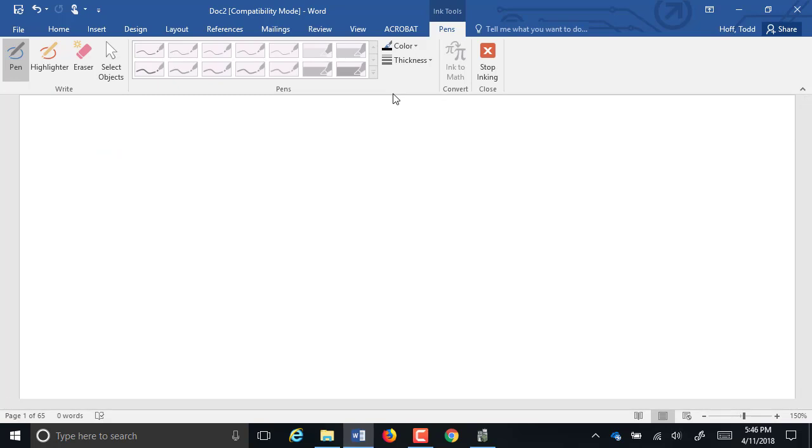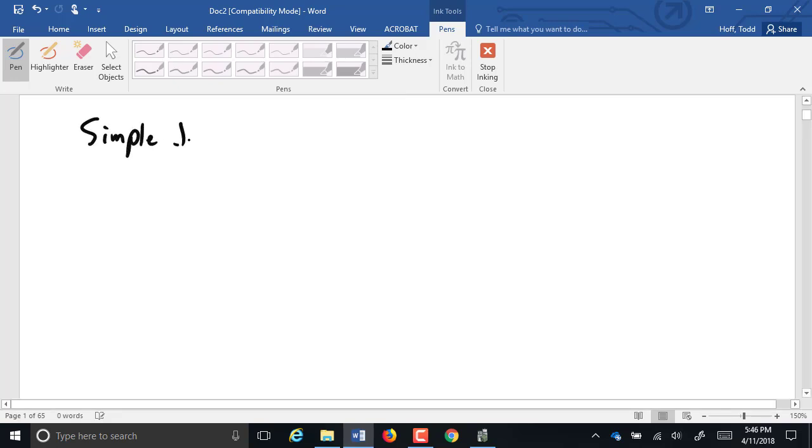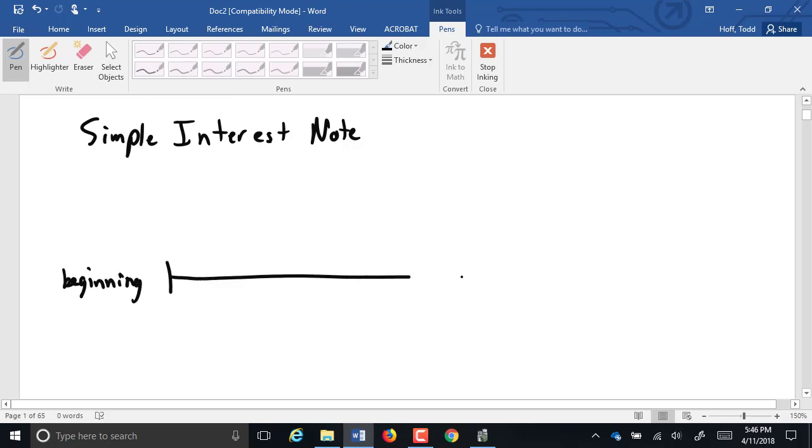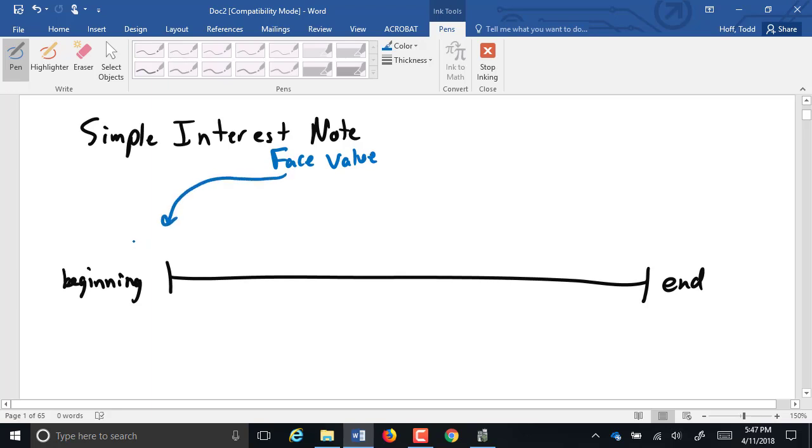when we left off last class, the problem we just discussed is what is called a simple interest note. And if we look at our timeline, the beginning and the end, in a simple interest note, the face value is this amount here, the present value.